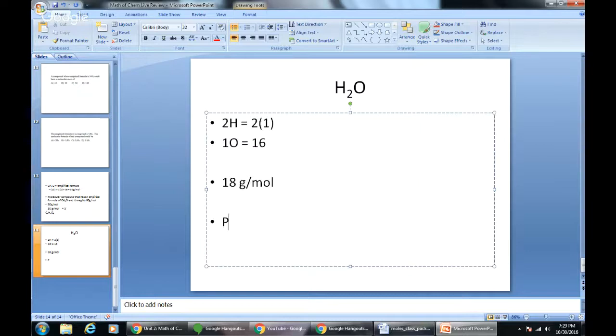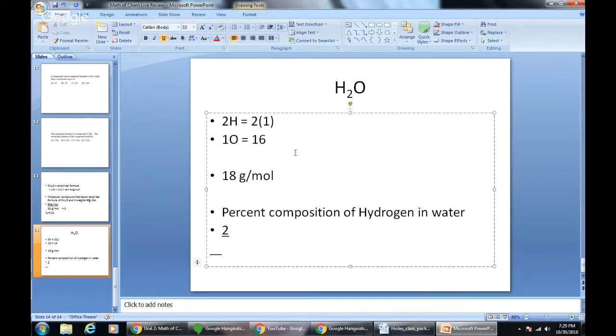Now if I want to do percent composition of hydrogen in water, so in H2O, it'd be part over whole times 100. The part would be hydrogen, and you have to count all of them. So you have 2 hydrogens in this water molecule, so it would be 2 divided by the whole, which would be 18, and everything needs to be multiplied by 100 because it's a percent.